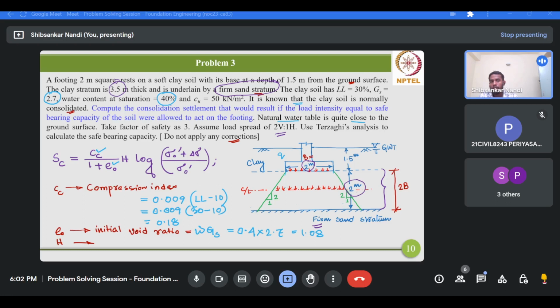So whatever thickness you get within this influence zone, you have to consider for the calculation of consolidation. Okay, so this is the thickness, and for this problem this value is 2 meter. And how we are getting 2 meter? Just now we have explained.